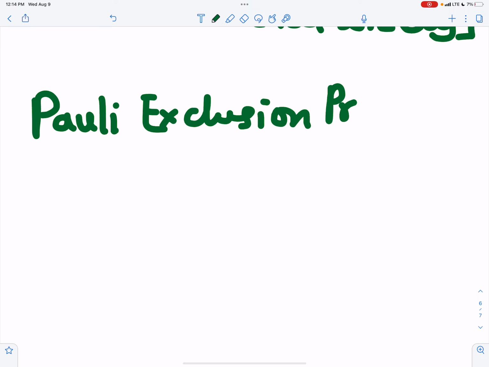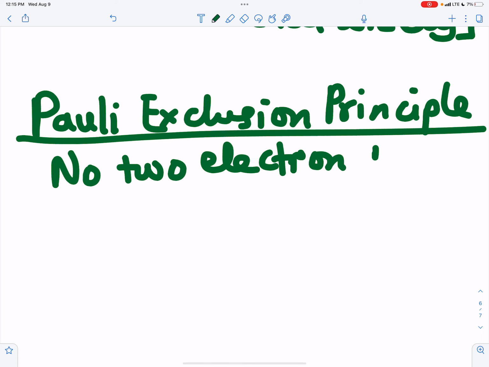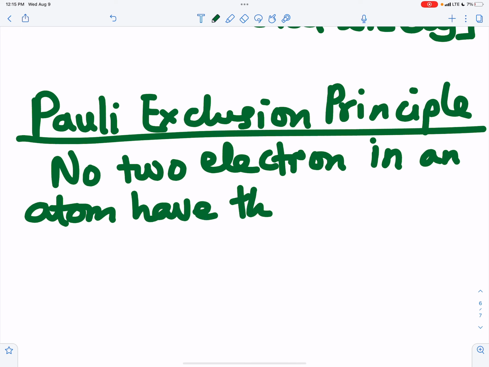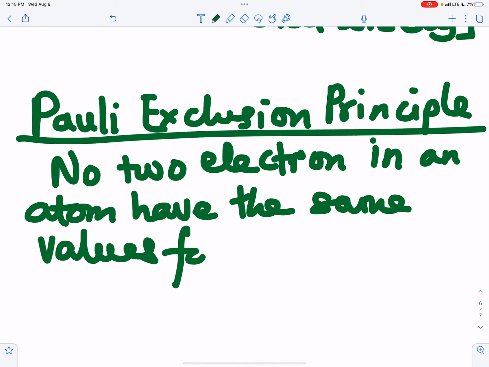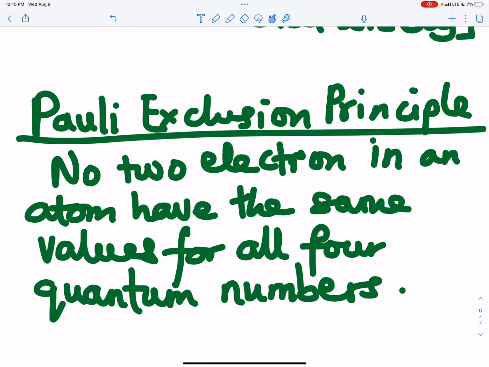The rule says that no two electrons in an atom have the same values for all four quantum numbers.